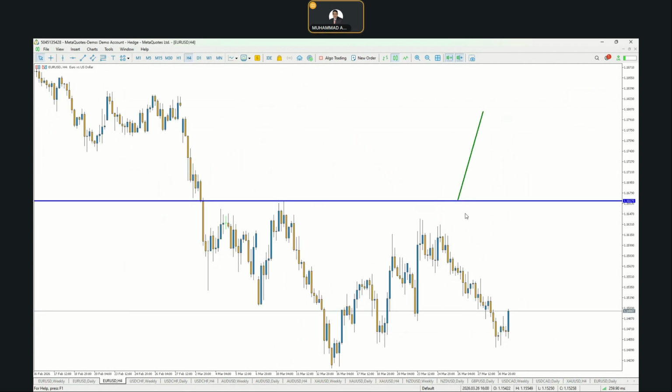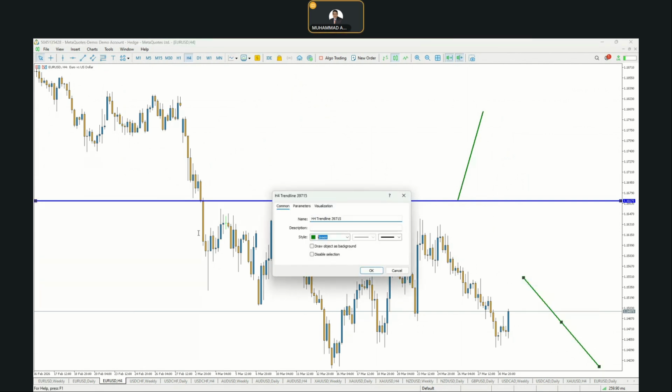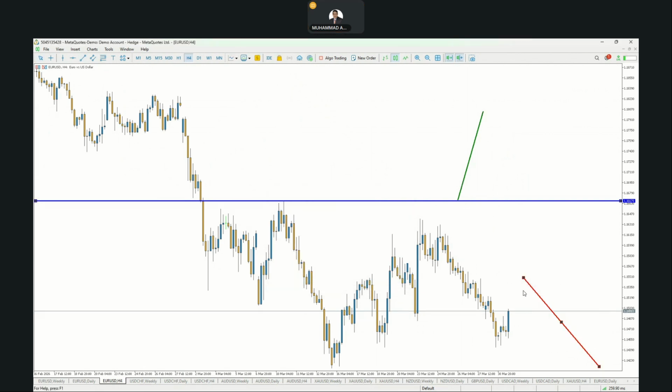If we take a look at 4-hour time frame, this was the area which I was expecting market to break out. So far, price action is going sideways. So it's quite possible that market is going to rise up a little bit and then resume the downtrend, so to speak, in euro dollar currency pair.